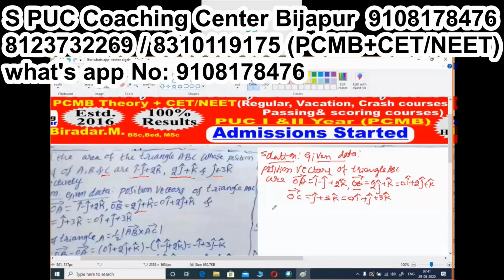So let us write the formula of the area of a triangle: area A is equal to 1 by 2 modulus of AB vector cross AC vector.